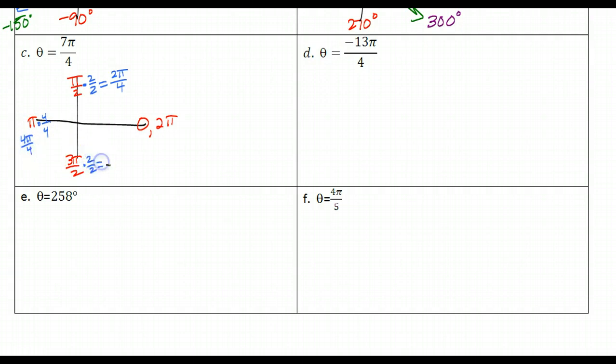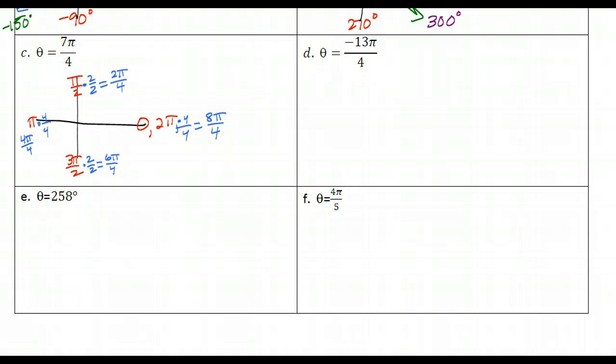And again, I'm finding a common denominator for all of my labels on my graph. 3 pi over 2 is the same thing as 6 pi over 4. And 2 pi is the same thing as 8 pi over 4. Now you might want to pause and rewatch that if that didn't really make sense, but again, I just had to find a common denominator so it matched with my 7 pi over 4 so I could more easily graph it.